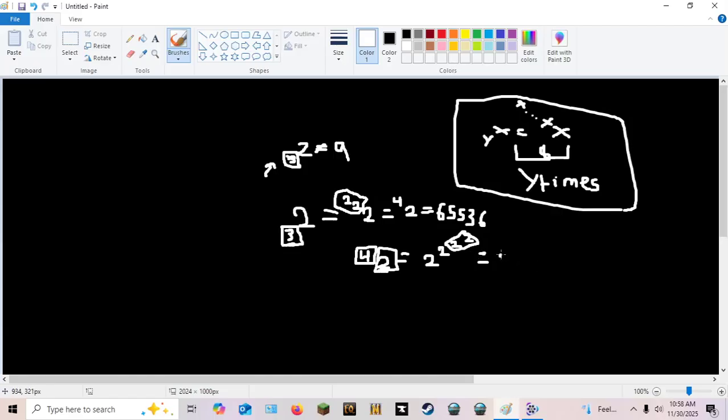So 2 squared is 4, and then 2 raised to the 4th power is 16, which equals 2 raised to the 16th power, giving us this. That's how you calculate the basic pentation expressions.